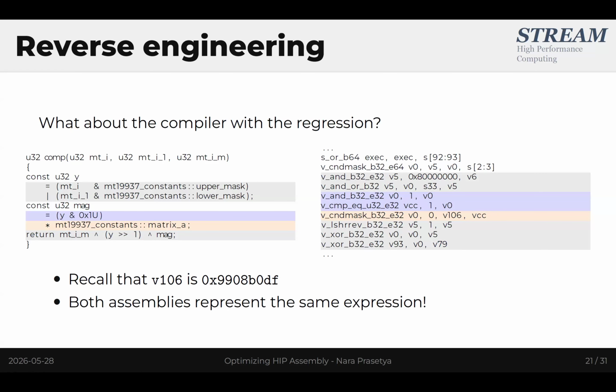But this is a more literal translation of the left side. So here it does literally a bitwise AND. It does a sort of comparison, and then it does a CND mask. It's actually not exactly the same, but yeah. These two assemblies here are the same thing, but this one uses more resources.